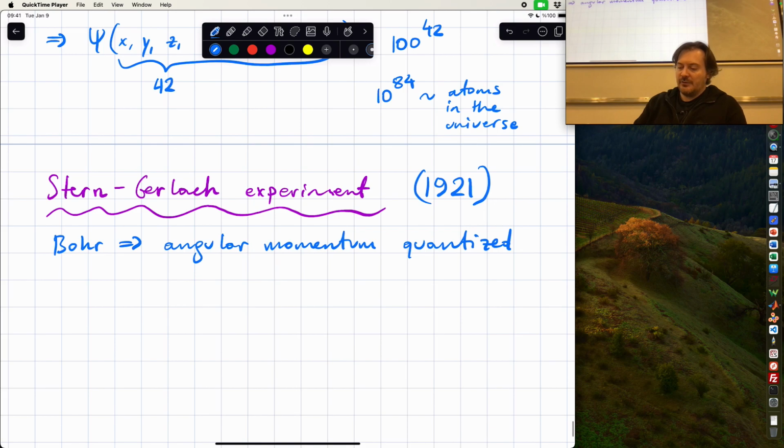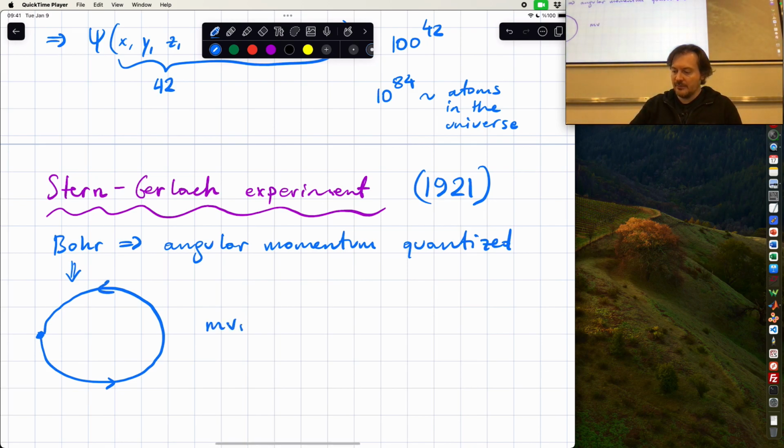Angular momentum is actually about something rotating. For example, in Bohr's case, he was thinking about an electron going in an orbit. When you rotate, you have some angular momentum. If you remember, we would say that mvr equals n times h bar. Do you remember this? That was Bohr's postulate.